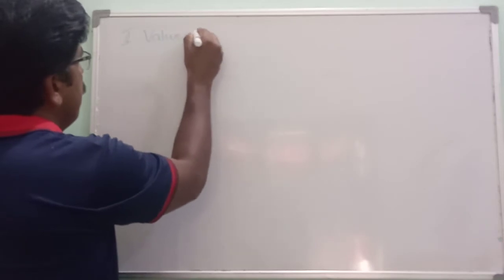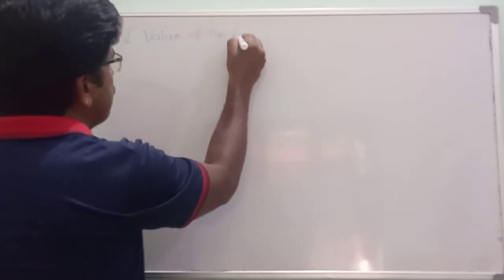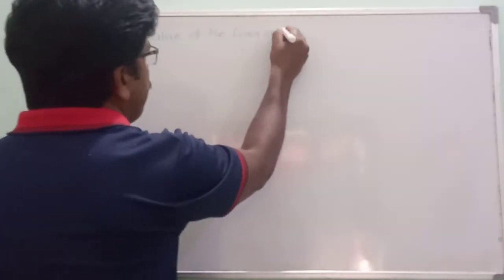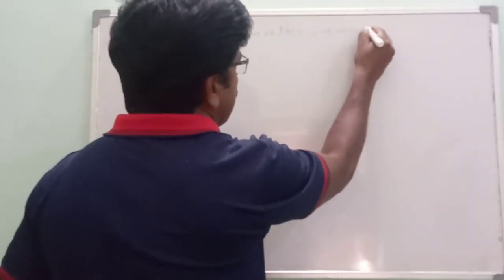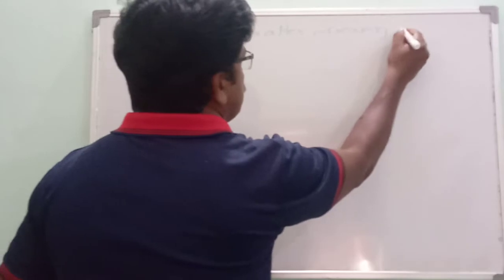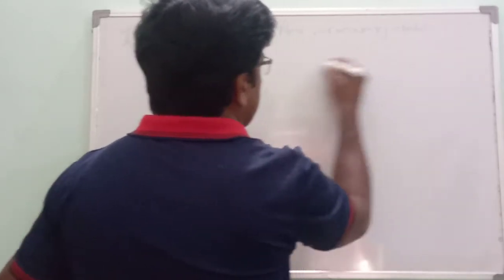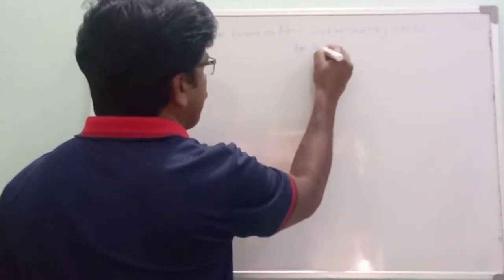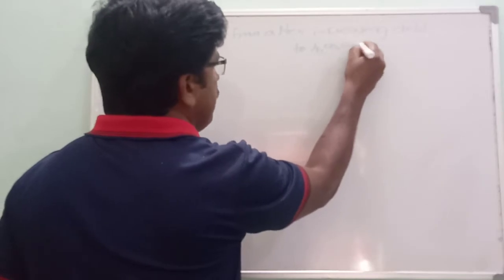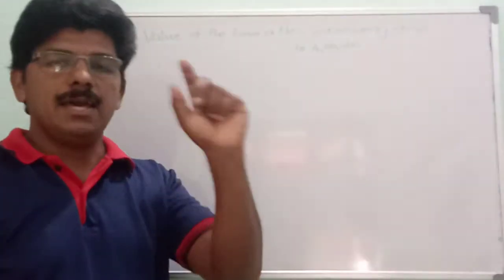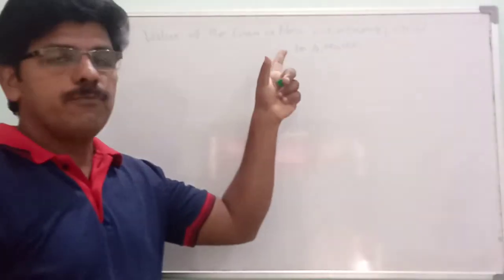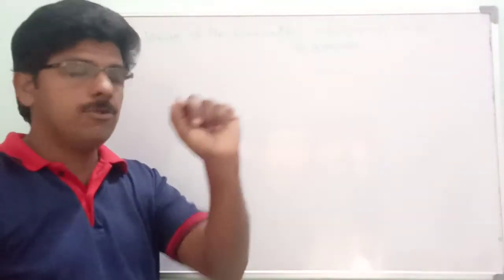Value of the firm after increasing debt to 4 lakh rupees. ഇപ്പോഴത്തെ ഡെപ്റ്റ് 3 lakh rupees ആണ്. അത് 4 ലക്ഷമായിട്ട് വർദ്ധിപ്പിച്ചാൽ എന്തായിരിക്കും വാല്യൂ ഓഫ് ദ ഫേം, ഓവറോൾ കോസ്റ്റ് ഓഫ് ക്യാപിറ്റൽ.